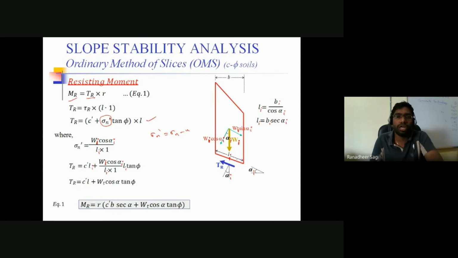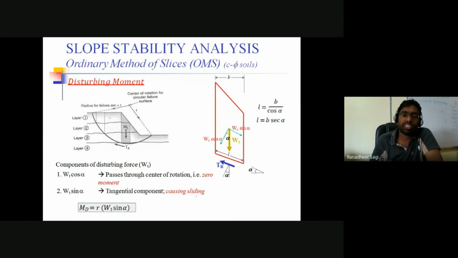Now let's quickly understand. Once I know this is my total resisting force, the moment causing the resistance is nothing but the resisting force into the perpendicular distance. Now, how much is the moment which is causing the disturbance, the driving in the soil?